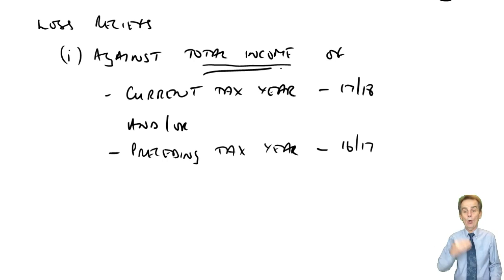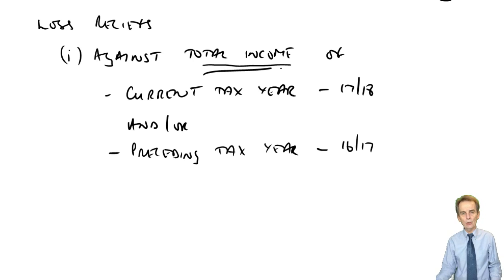If you make the claim, all of the loss goes against all of the total income, so you run the risk of again wasting the personal allowance. Clearly something that you would not wish to do. So that's going to be one of the objectives that we'll list out later, about getting the best use out of your losses. One objective would be to avoid wasting the personal allowance.